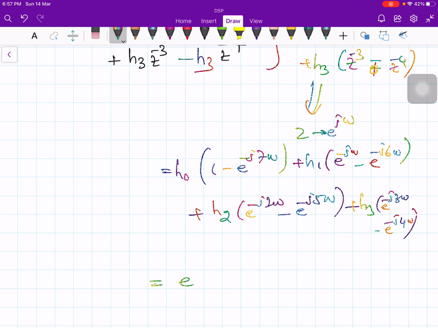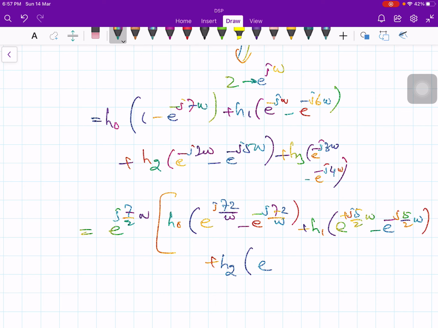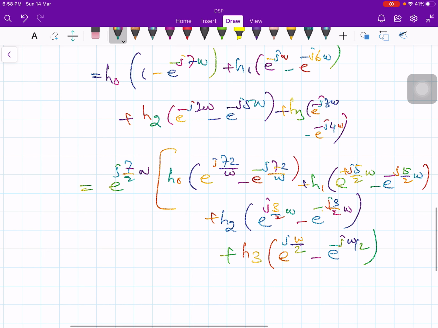Then you will have h0 times e to the j 7 by 2 omega minus e to the minus j 7 by 2 omega, plus h1 times e to the j 5 by 2 omega minus e to the minus j 5 by 2 omega, plus h2 times e to the j 3 by 2 omega minus e to the minus j 3 by 2 omega, plus h3 times e to the j omega by 2 minus e to the minus j omega by 2. Now again apply Euler's identity.